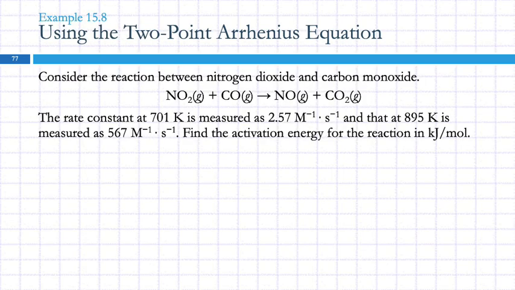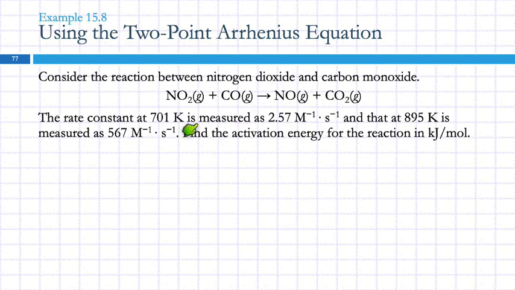Let's do that. Reaction between nitrogen dioxide and carbon monoxide. The rate constant at 701 Kelvin is 2.57 per molarity per second. And at 895 Kelvin, it's 567. Notice it's much higher at this higher temperature.